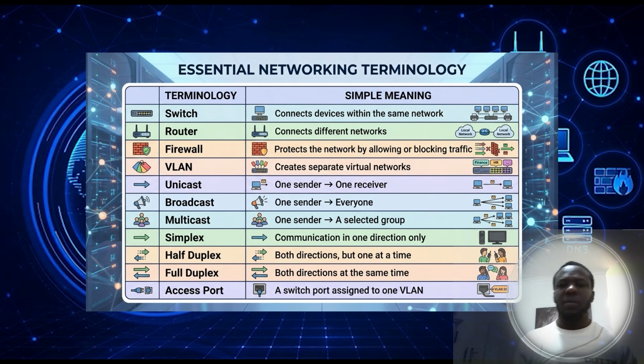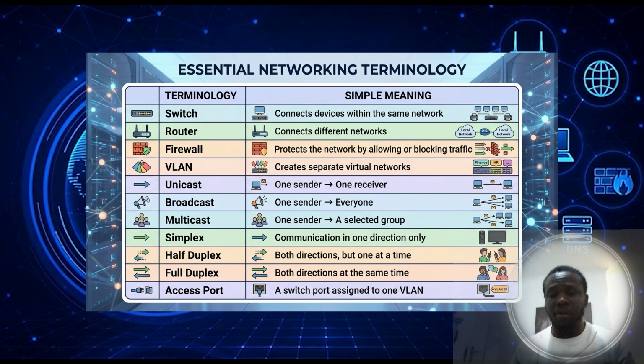Simplex, communication in one direction only. Half duplex, both directions, but one at a time. You need to listen before you can reply, so the frequency won't collide. Full duplex, both directions at the same time. You can talk, you can argue, you can send and receive at the same time. That's what they call full duplex.